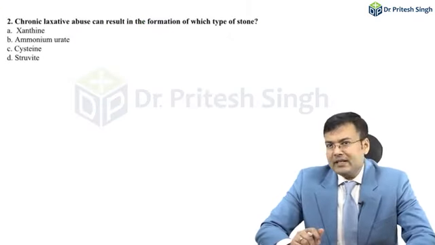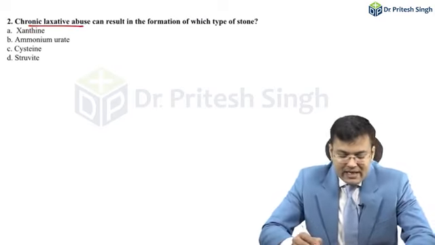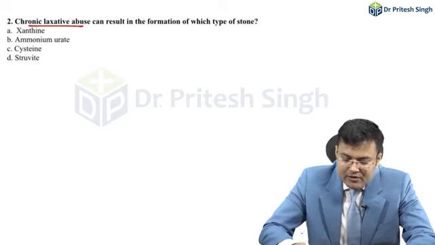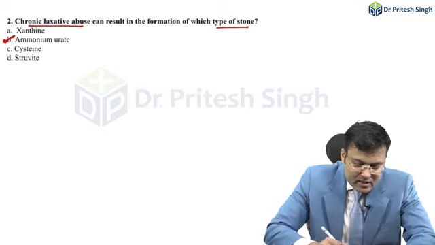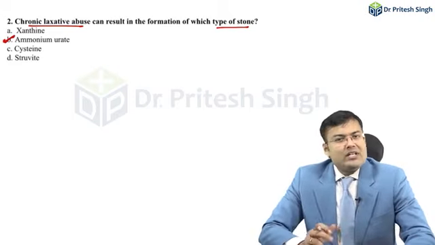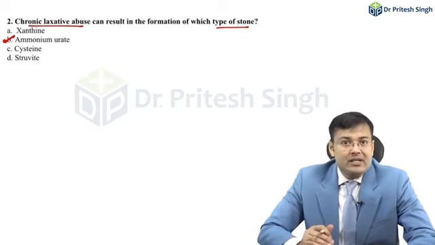Now this question was asked in a latest exam. See, chronic laxative abuse. Chronic laxative abuse can result in the formation of which type of stone? And the correct answer is ammonium urate. What is the etiopathogenesis of formation of ammonium urate and in which conditions this stone is formed? Have a look.